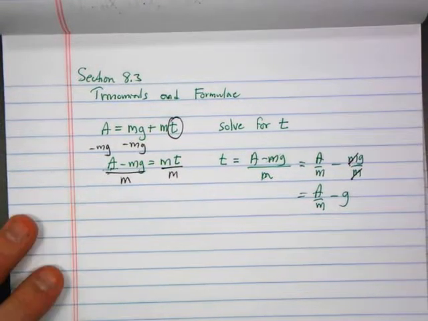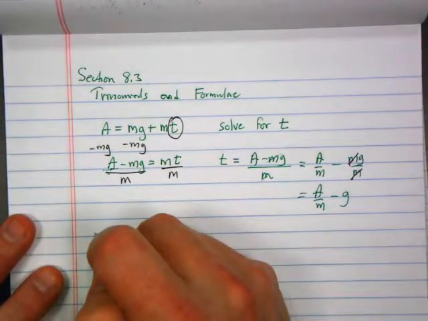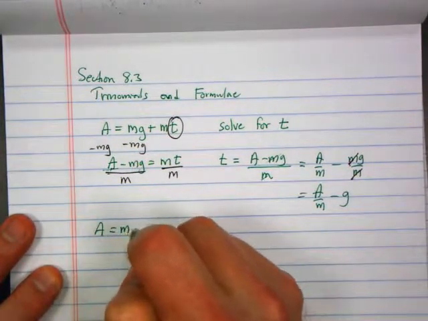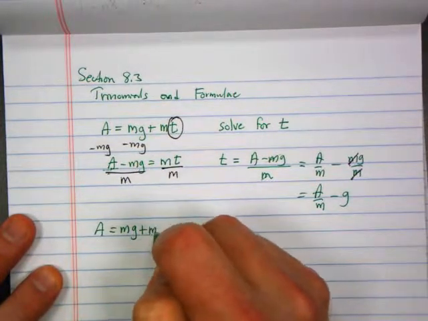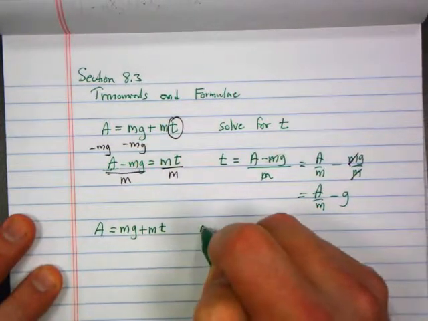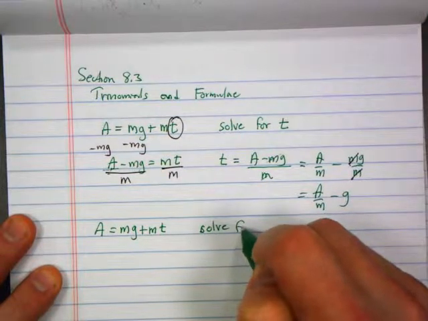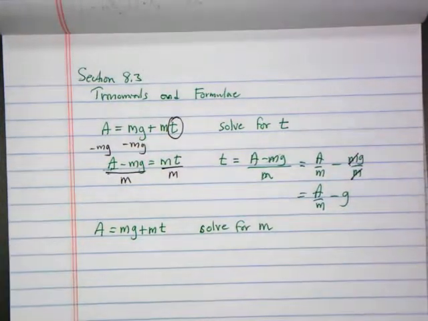Okay. Now, what if I gave you the same formula, a equals mg plus mt, and I asked you to solve for m? All right, I'm going to give you a wrong answer.